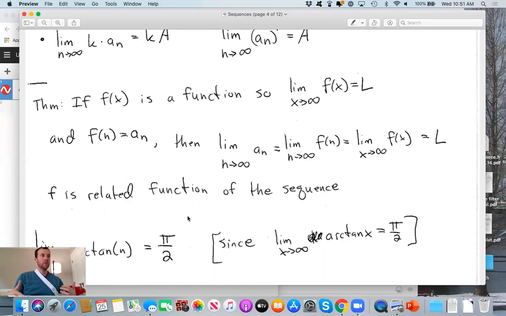Tomorrow's lab won't have anything graded, but to get a handle on how these sequences work, you should really come see some more examples and get some practice. We're going to talk about how what we know about limits still helps us evaluate limits of this new kind of object, sequences rather than functions.